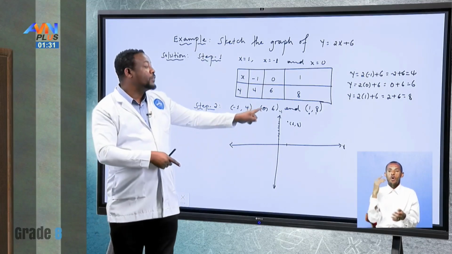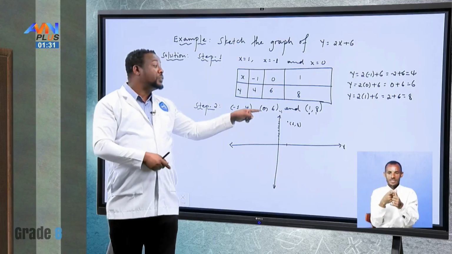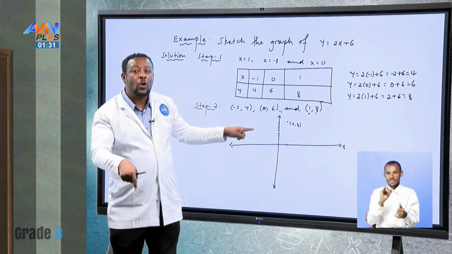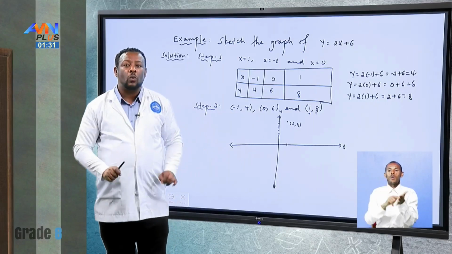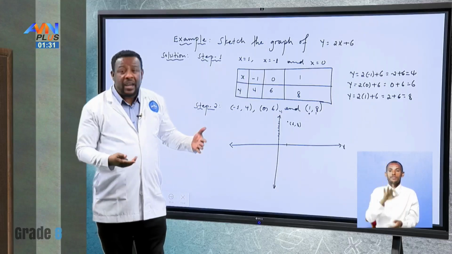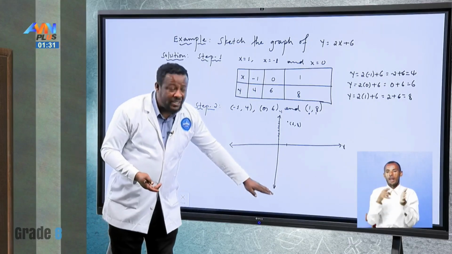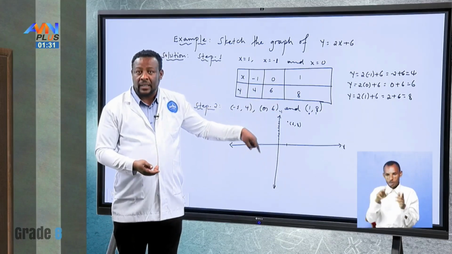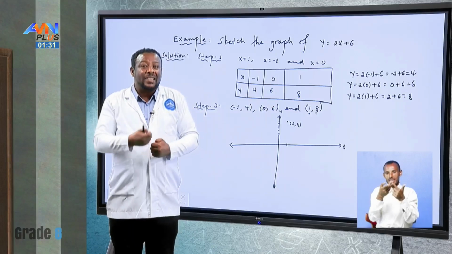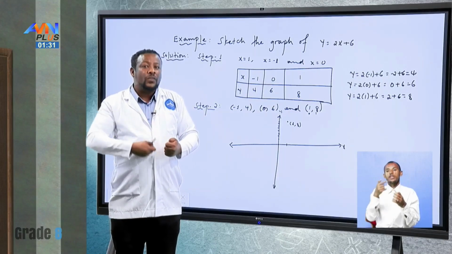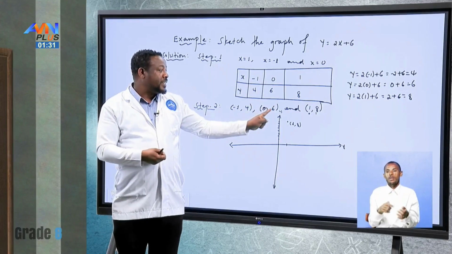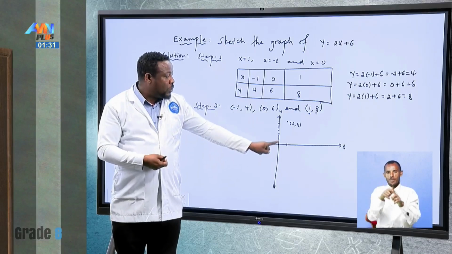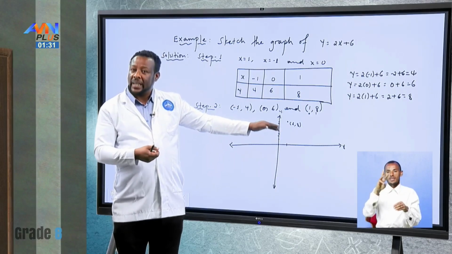Always, if the first entry is 0, that point is on the y-axis. Is it on the negative y-axis or positive y-axis? The second entry can tell us the location of the point. Since this is positive, you need to move 6 units above the x-axis.